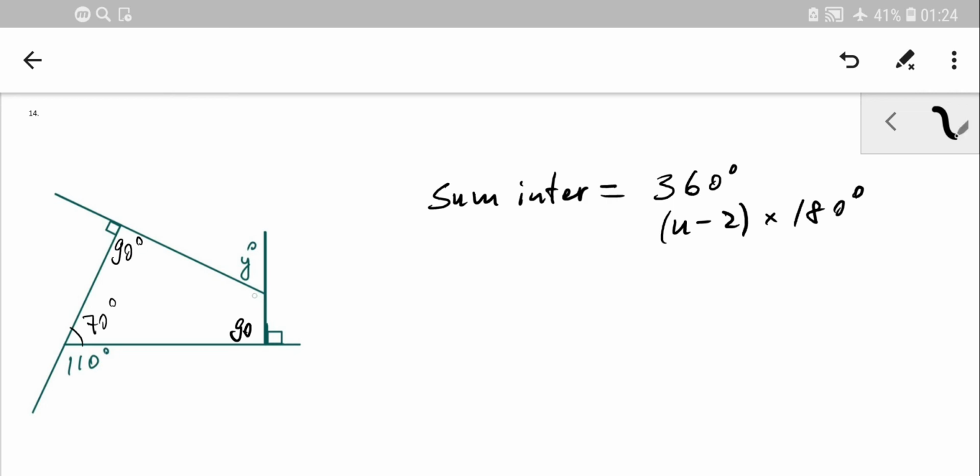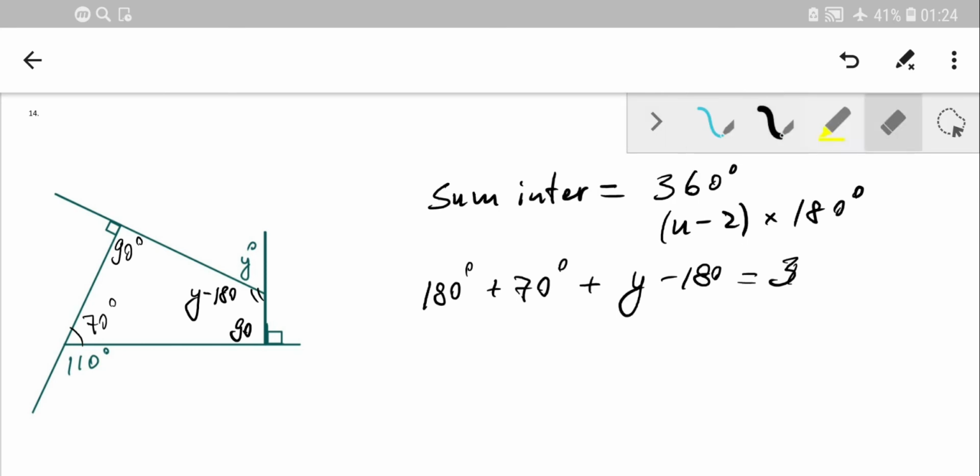Oh, it's pretty easy. And here we have an unknown, but we know that this is y minus 180 in total. So let's sum up. 180 plus 70 plus y minus 180 will give us 360 in total.